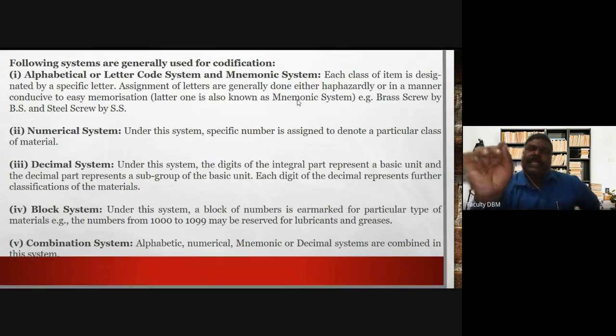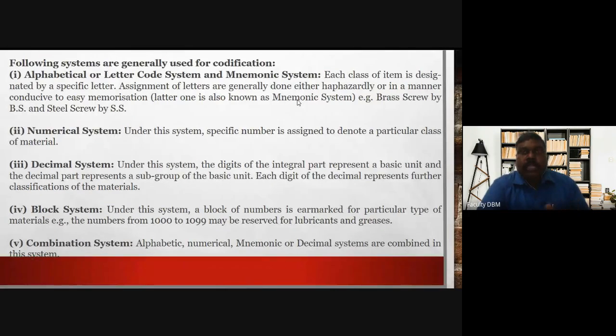So, if he says 5.1, it means in the fifth row, there is a shelf called 1, in which is a particular group. Or he can say that fifth is the MBA course, and in that, 1 is the first semester. Like that, we can say 5.1, the decimal system that they can come out with.